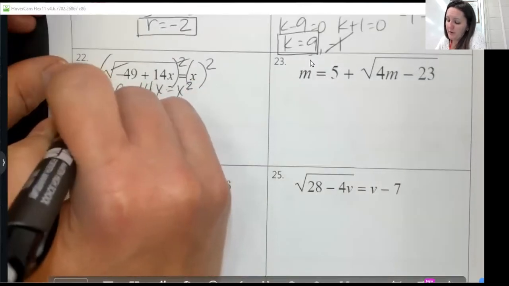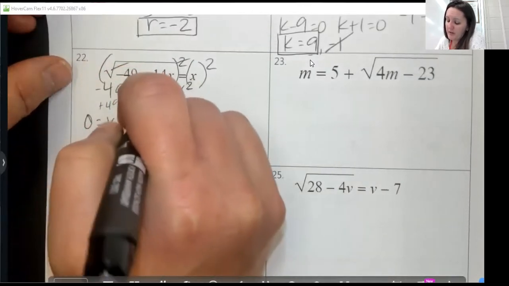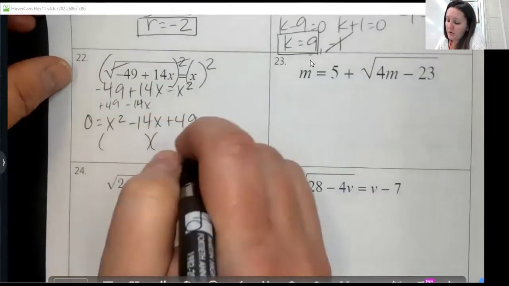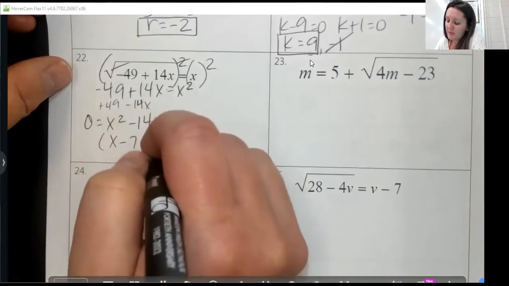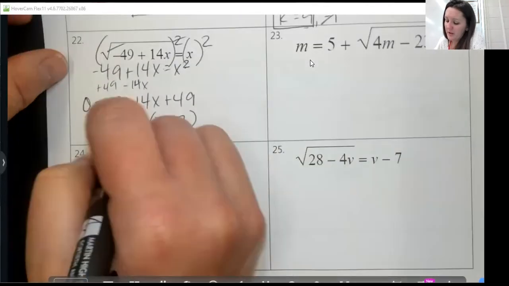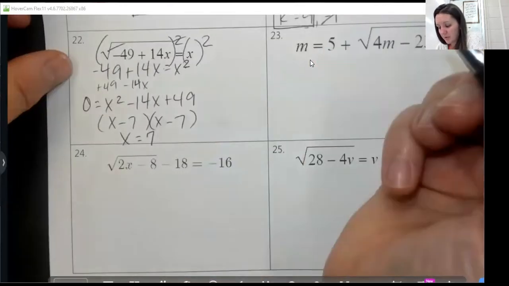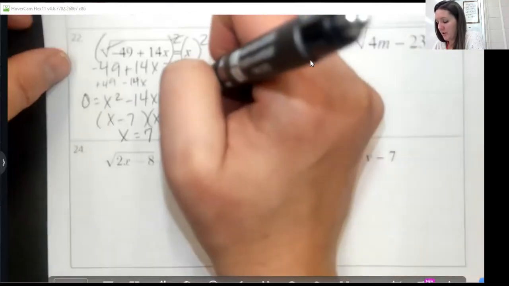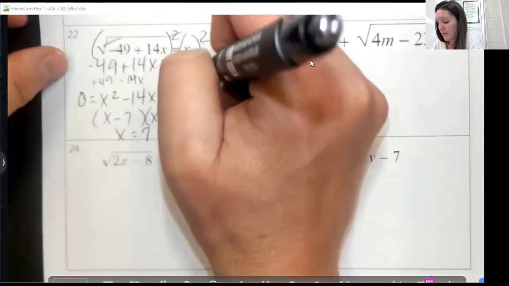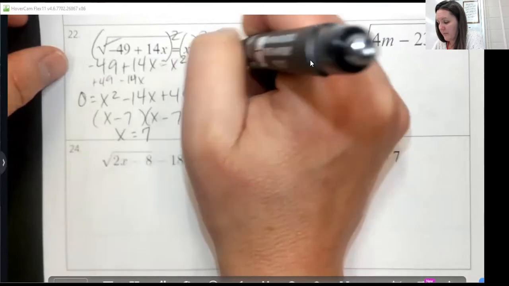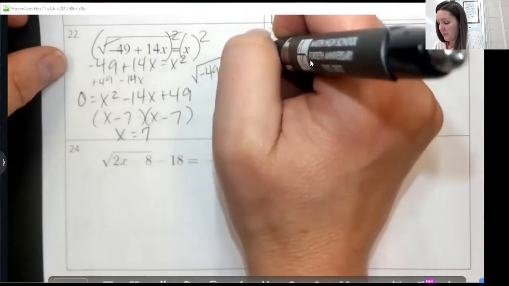So we have 0 equals x squared minus 14x plus 49. Factor. So we have x minus 7, x minus 7. So x equals positive 7. I'm just going to write it once, even though it has a multiplicity of 2. So we have negative 49 plus 14 times 7 equals 7.